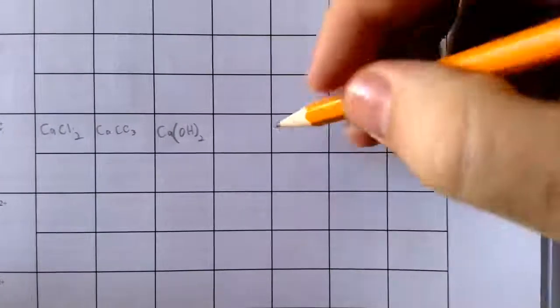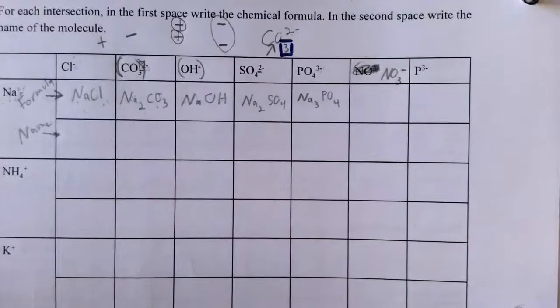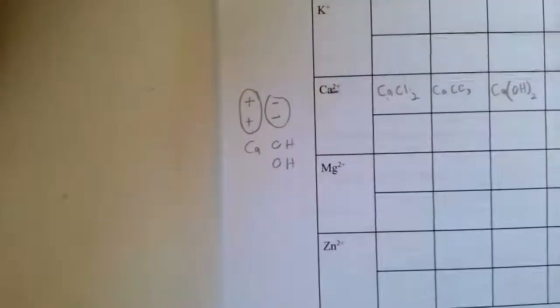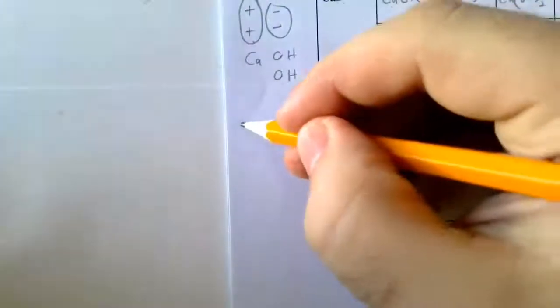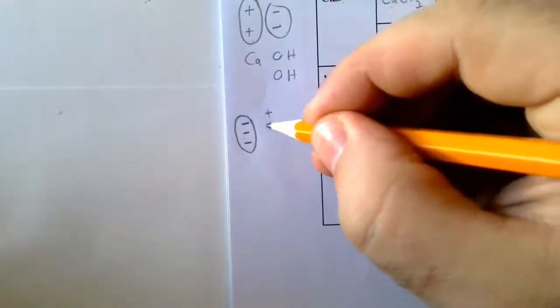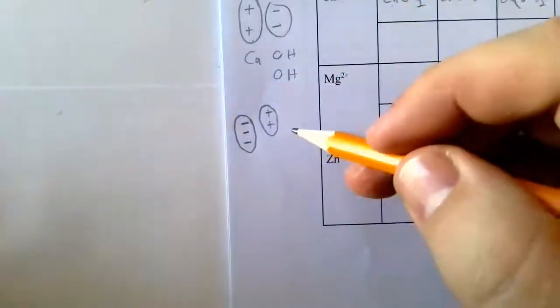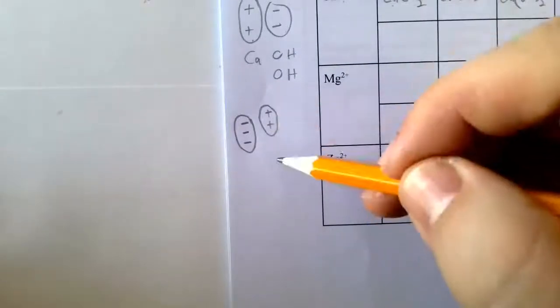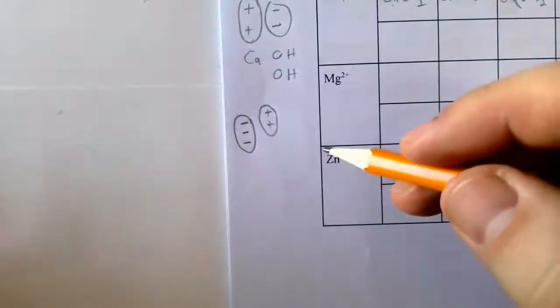So let's skip ahead. Let's do calcium and phosphate. Remember, phosphate has a -3. So if my phosphate is bringing -3 all in one group, and each calcium brings 2 positives all in one group, I need to figure out how many calciums and how many phosphates I bring.